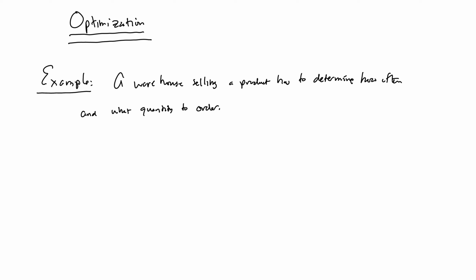Okay, so our setup here is we have a warehouse that's going to be selling some product. They need to determine how often and what quantity they're going to make their orders. So it is cheaper on average to place large orders, as this reduces the ordering cost per unit.